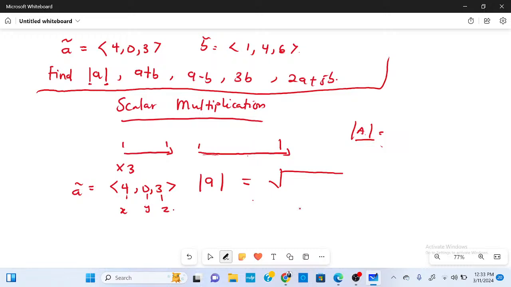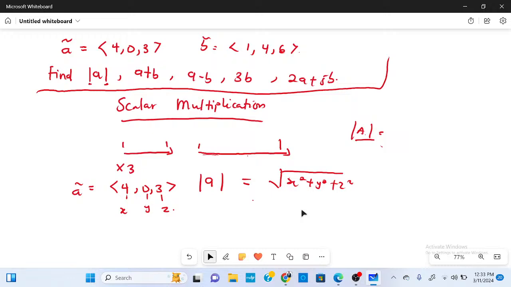So you get to understand this more when you reach the standard basis. To find the magnitude of A, we simply take the square of each component. That is, we are going to have the square root of x squared plus y squared plus z squared, right?